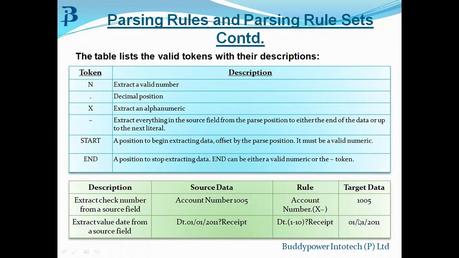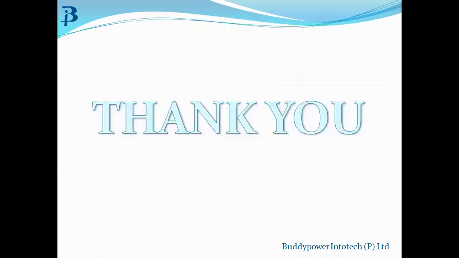Whatever rule you want to set, you can always do a setup. You can do a parse rule setup in your system in cache management, and accordingly it will do it. In general terms, this is what parse rule means.